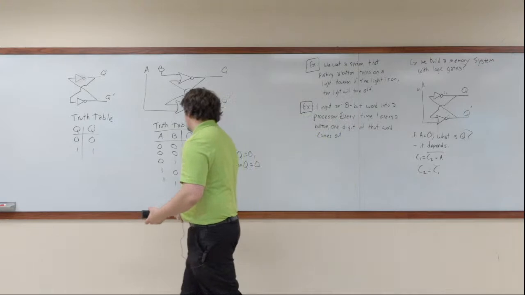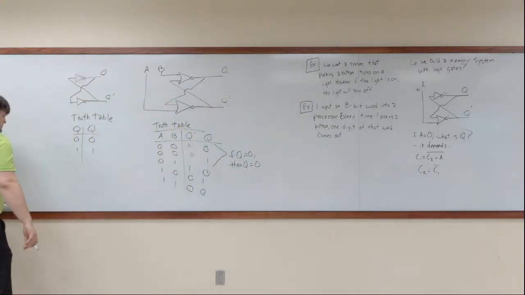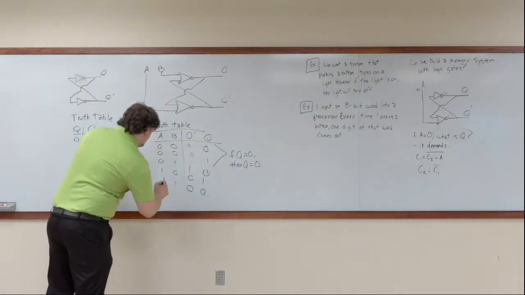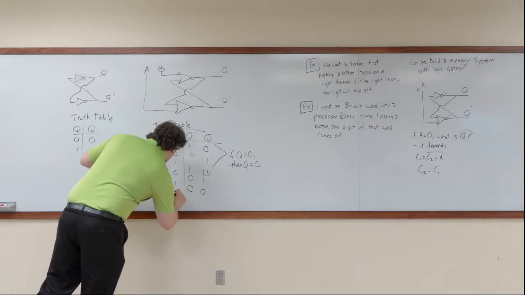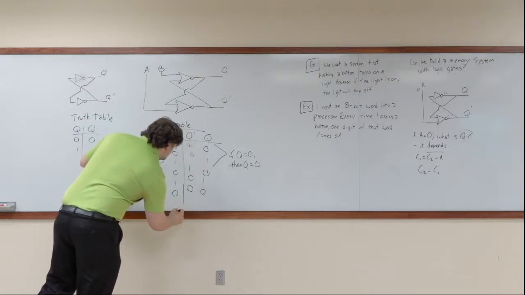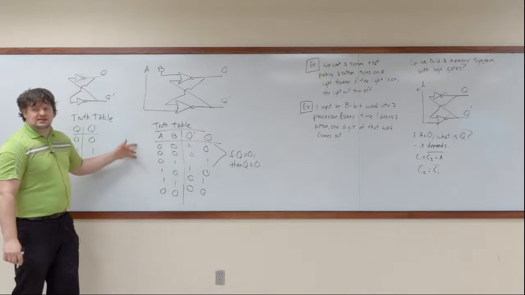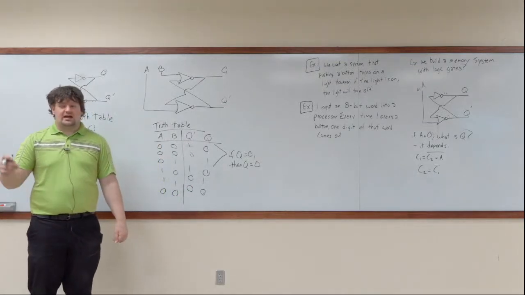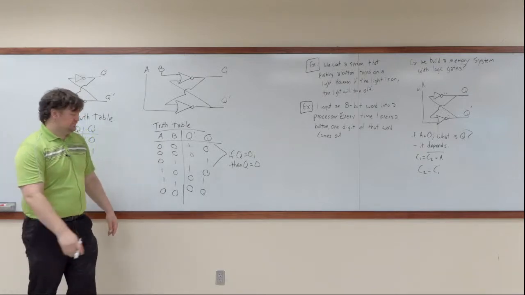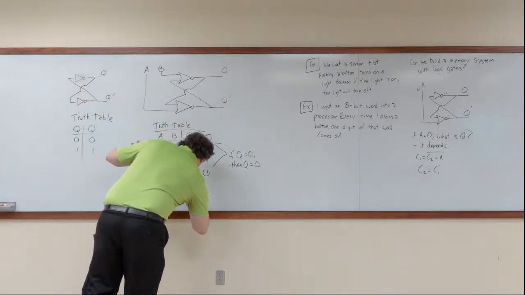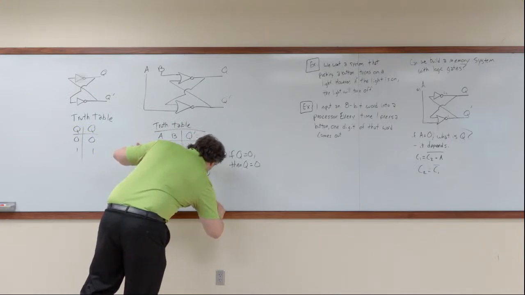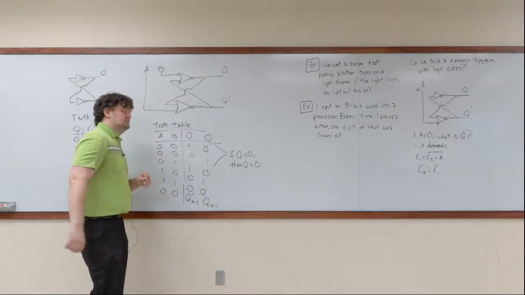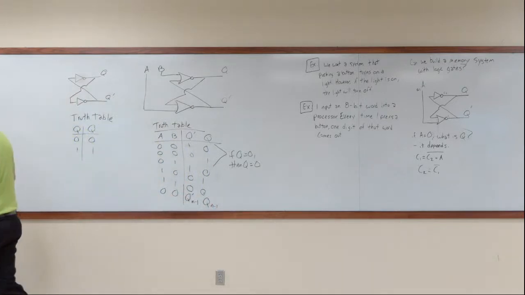I'm actually going to write at the bottom, I guess, of this truth table. So here, 0, 0. Well, the way that we write this is Q naught is equal to Q naught at n minus 1. And Q is equal to Q at n minus 1. Okay?